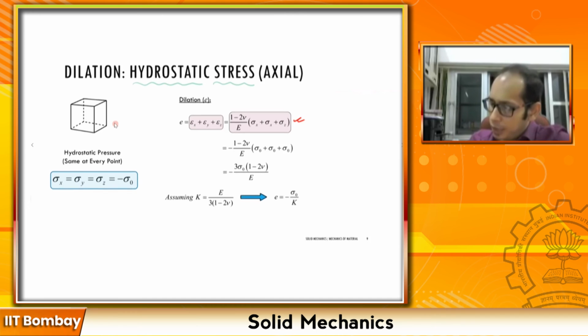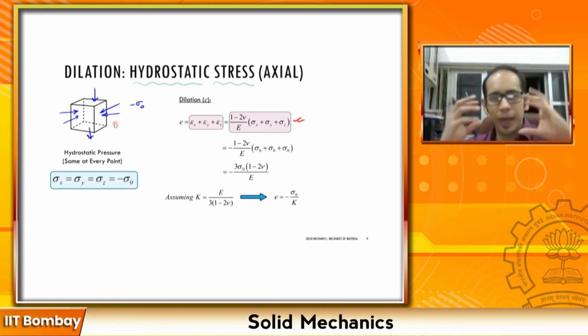So what I'm going to have is these stresses equal and opposite along all the directions that are there, right? So once you have these stresses which are acting, equal and opposite across all the phases, essentially all of these are equal to the negative of sigma naught, right? All of them are equal hydrostatic stresses.